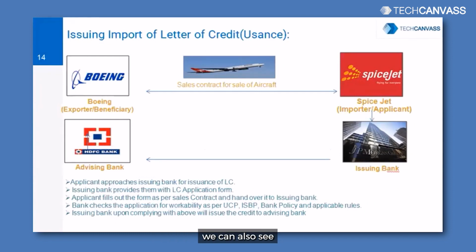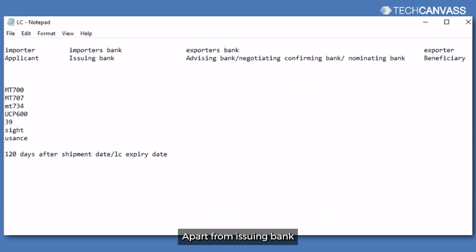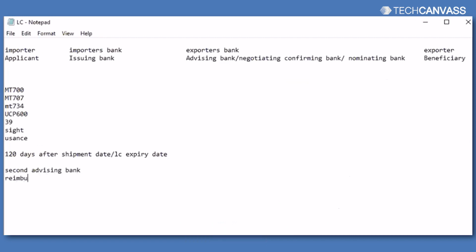And here we can also see a few other banks involved in the letter of credit. Apart from the issuing bank and exporting bank, there will be a second advising bank, the reimbursement bank, and also we can have a transferring bank.